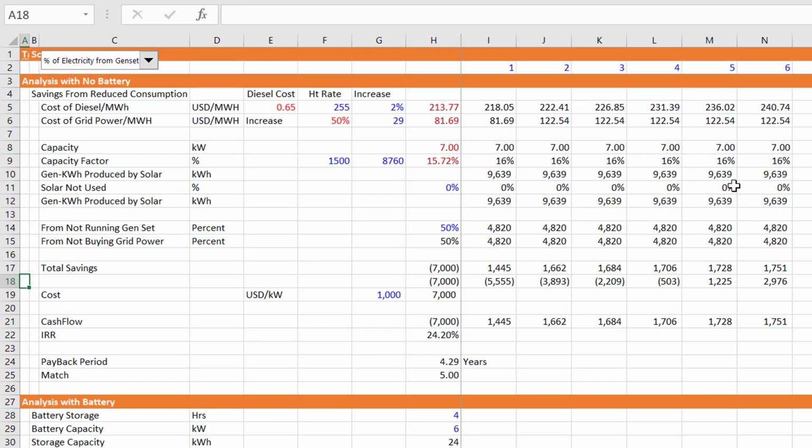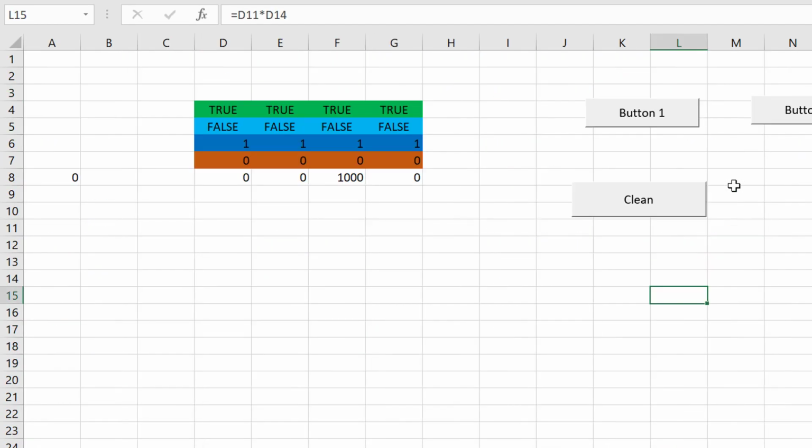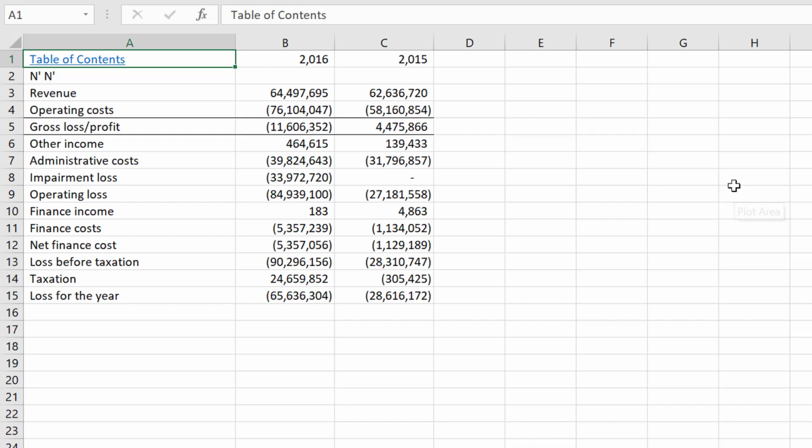Now, in Nigeria, one of the problems is, oh no, distribution financials. I'm not going to tell you exactly who this is, but this company had a loss that was practically the same as its revenues.